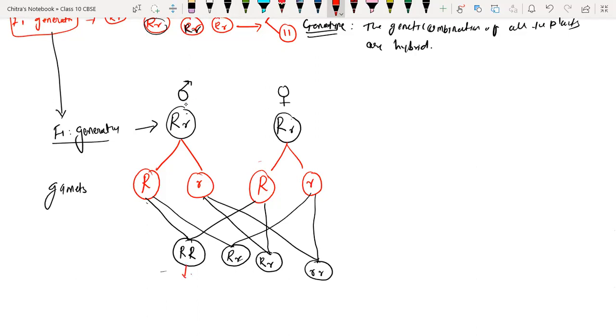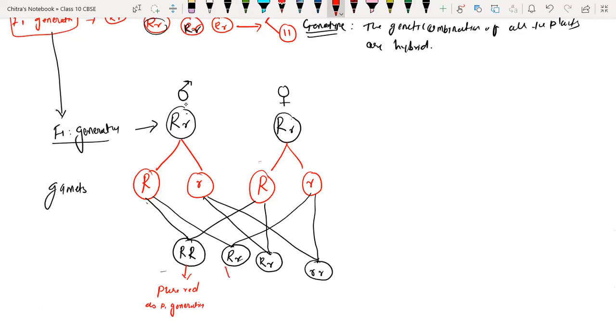So see here, that capital R, capital R will be pure red as in the P1 generation. Is it or not? Yes, sir.